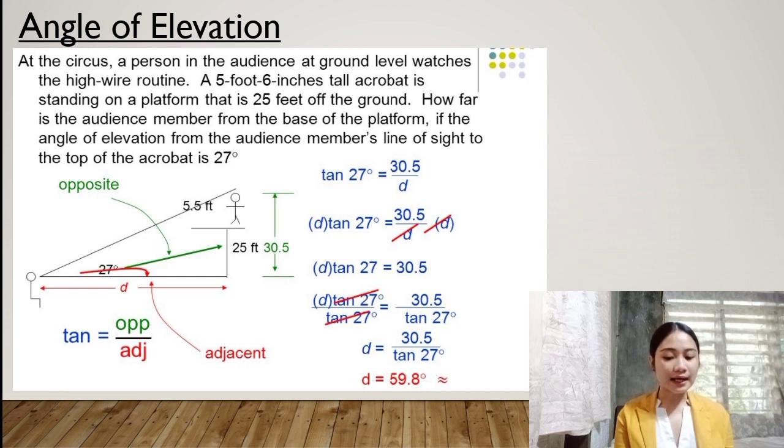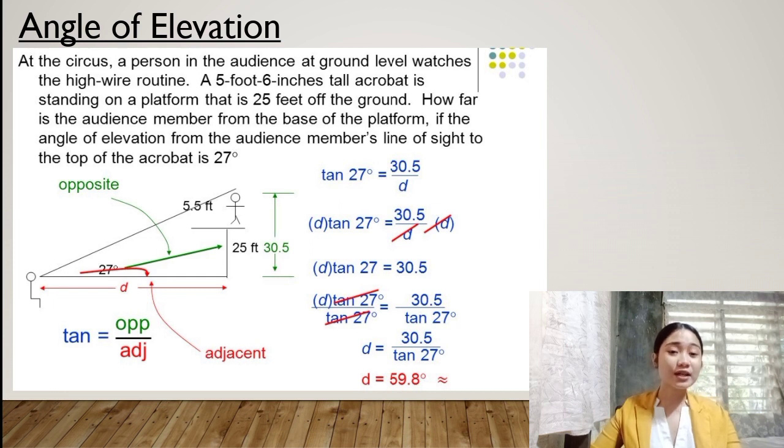So yung gagamitin natin na identity will be the TOA because given yung degree, yung theta, and then yung opposite, the height, and then yung hinahanap is the distance or the adjacent. So yung identity natin is tangent theta is equal to opposite over adjacent.